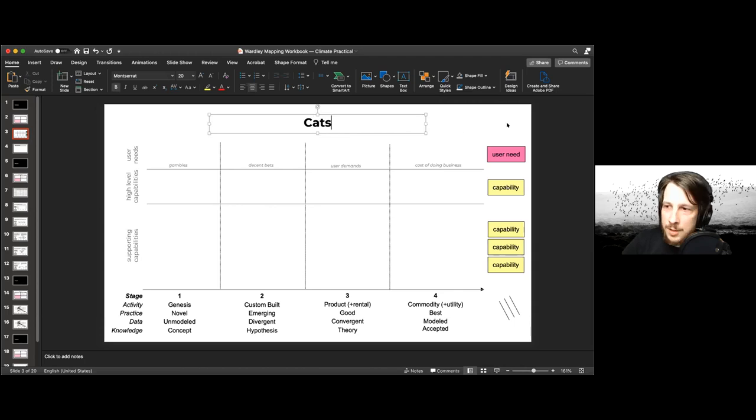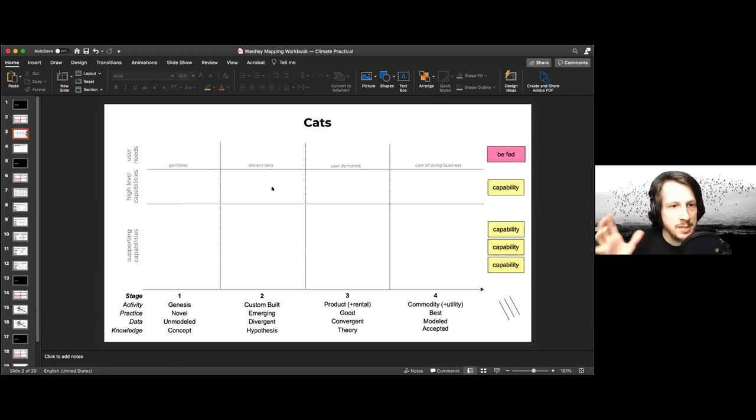So my cats, when I'm giving workshops, they decide that they need to be fed. And they'll start making sounds during the workshops and knocking over my microphones and stuff like that, and making these demands. And so I can go here and think about, okay, in stage 1, user needs tend to be gambles because we don't know whether or not it's valuable. In stage 2, they tend to be decent bets. They might still fail, but at the very least, there seems to be some kind of value here.